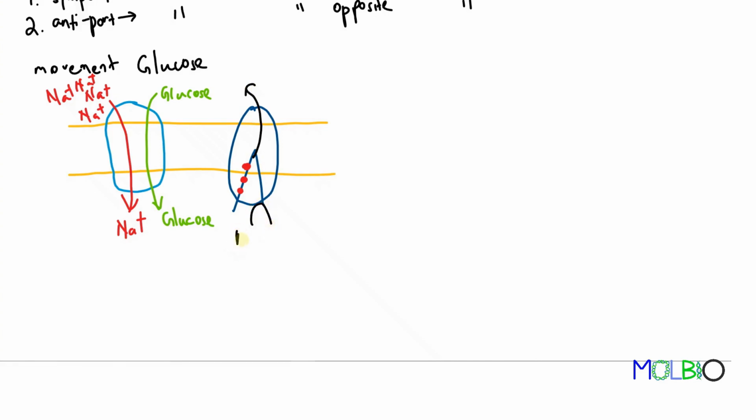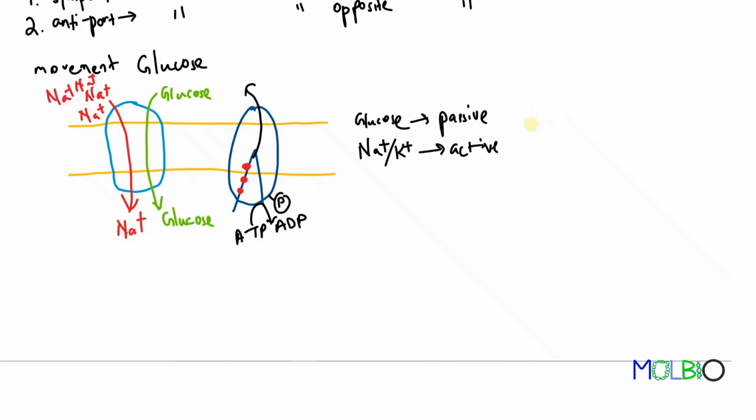Without this pump, the concentration gradient will not be established, and in that case, the sodium and glucose transporter will not be able to transport glucose. So here glucose is going through a passive movement, while the sodium pump is acting through an active transport method.